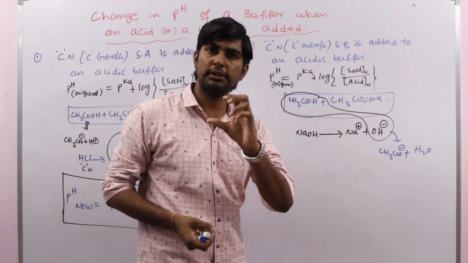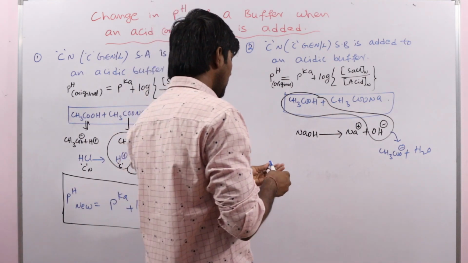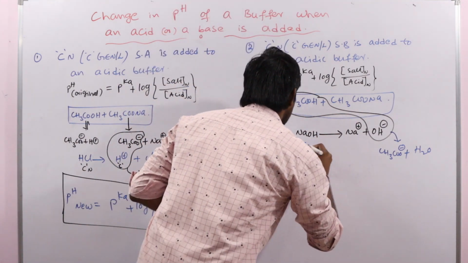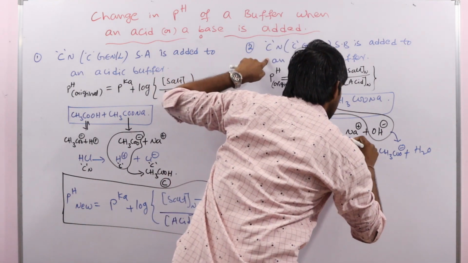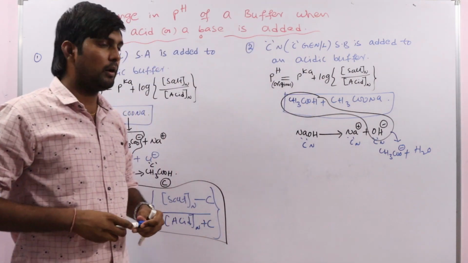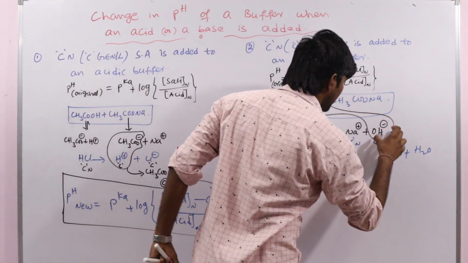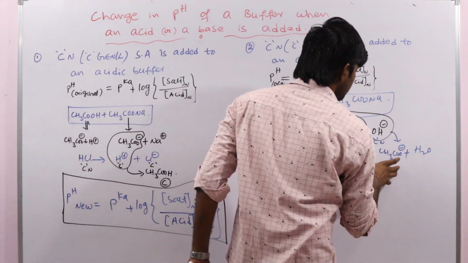So whose concentration is decreased? Acid concentration is decreased. How much? See here, already we discussed it. C normal strong base is added, so here also C normal of hydroxide ions are formed. These formed hydroxide ions react with the acid and form salt.